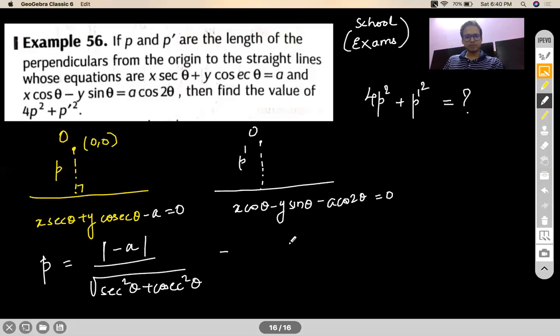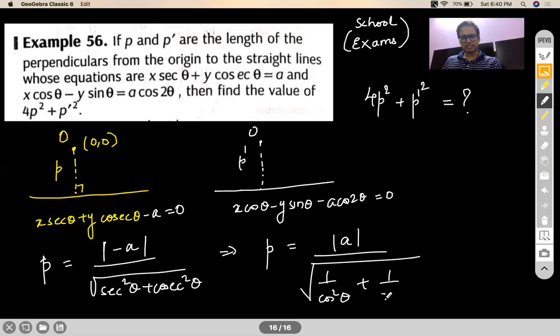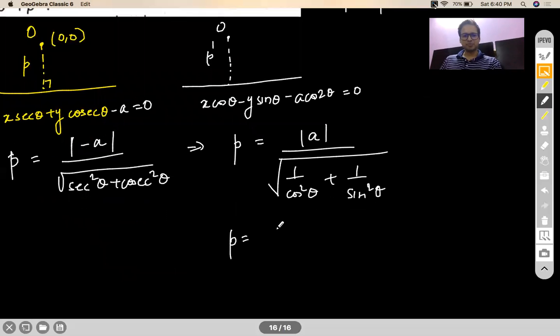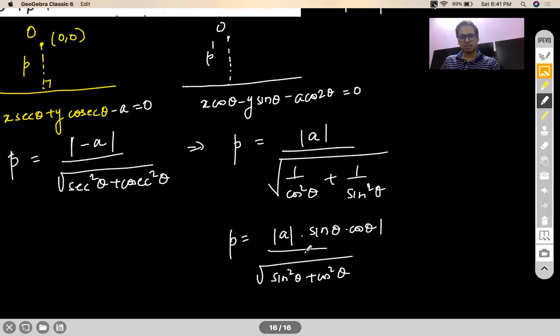In other words, P will be mod A by under root of 1 by cos square theta plus 1 by sine square theta. Correct? Now, if you take the LCM over here, LCM will be sine square theta into cos square theta. Remember, the LCM of the denominator would be sine square into cos square. My bad.